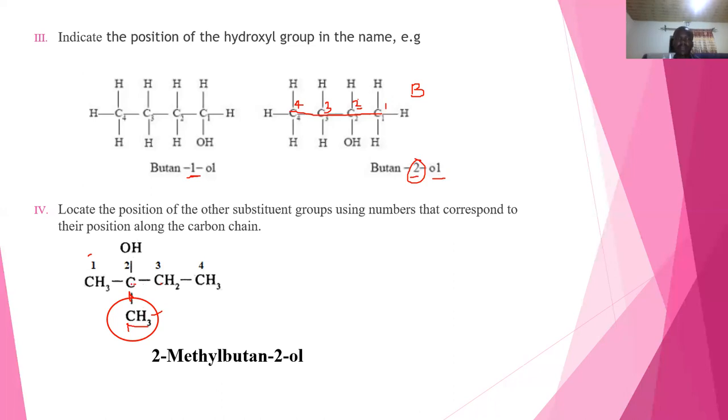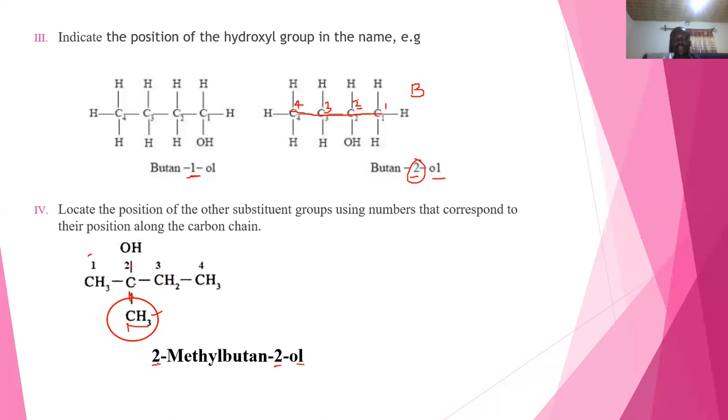So when you are naming, you begin from the branch. The branch is at the second carbon atom, so that is 2 for the position of the carbon to which the alkyl group is attached. So we'll have 2-methyl, then the parent name, where we have 1, 2, 3, 4, four carbon atoms, that is butan, and the hydroxyl group is attached to the second carbon atom, which gives it 2-ol.